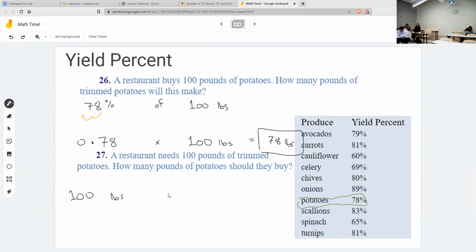So if I do 100 divided by 0.78, what's that? Someone do that on a calculator or phone.